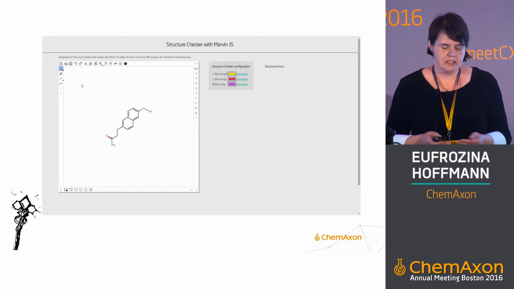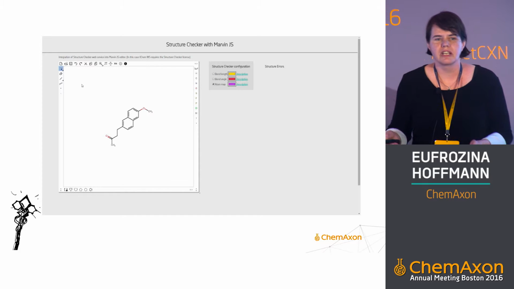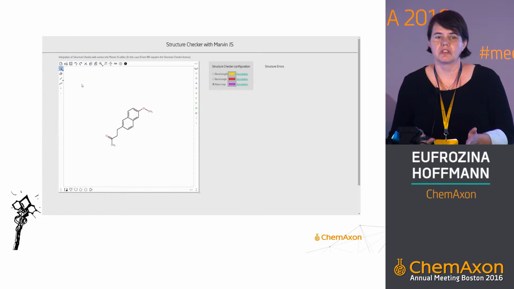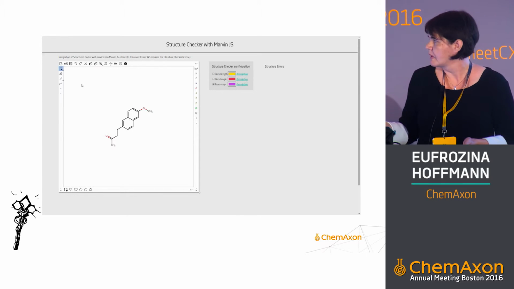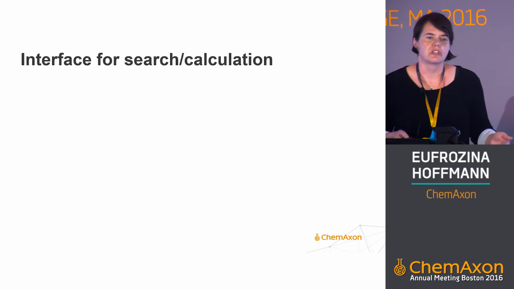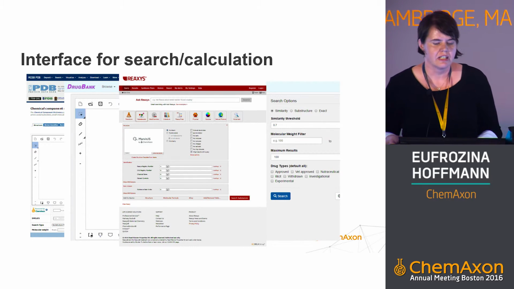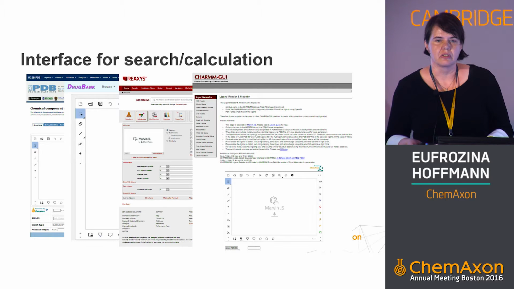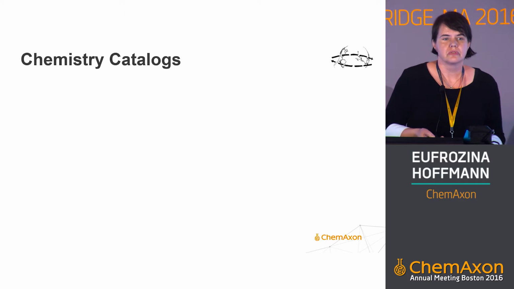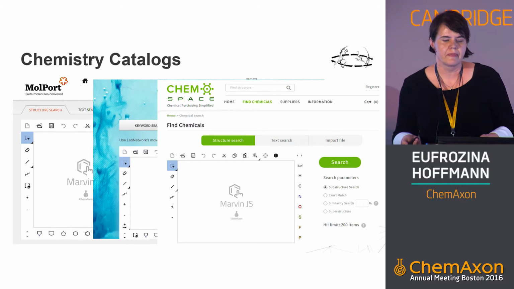You already could see some, and obviously I cannot show all 81, so just take this as an appetizer, and I would like to show what they are most useful for. It is very common that Marvin JS is an interface for search and calculation purposes, as you can see on very major and popular websites here. Also another use case is chemistry catalogs.